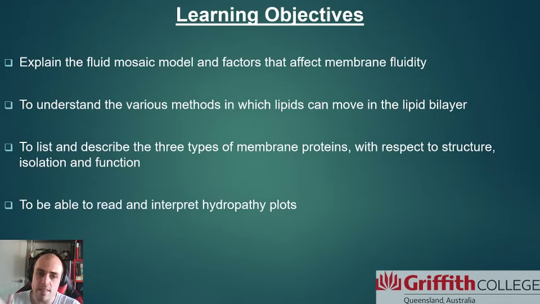Whether the fatty acid is a liquid or a solid at room temperature or physiological temperature depends very much on the properties of those lipids, and our cell membranes are no exception. So that's what we're going to be talking about with our fluid mosaic model.